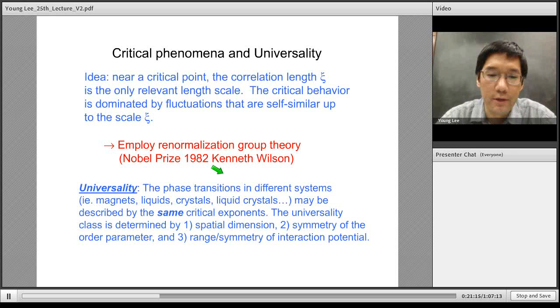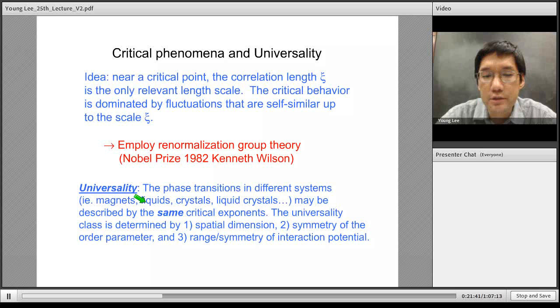They look very different, but close to a phase transition, they can be described by the same critical exponent if they have some certain commonalities, and if they go to the same renormalization group fixed point, then you'll get the same critical behavior.